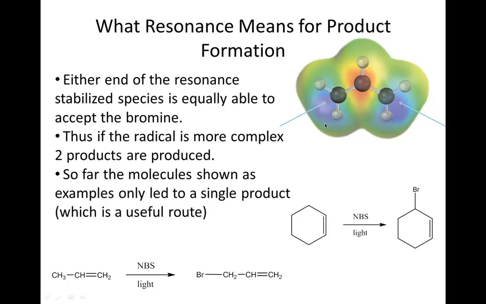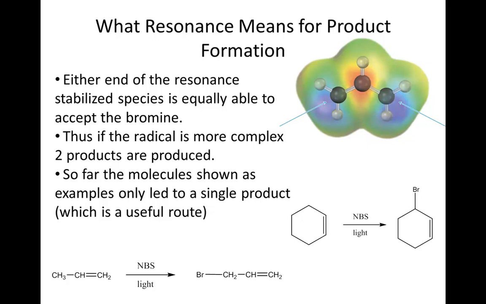But remember that this radical is spending part of its time at either end, and this color coordinated thing says that there's electron richness. In other words, the center carbon always has its outer shell of 8, but there's some electron density missing from either end. So theoretically, the carbon on either end could have reacted with the bromine.